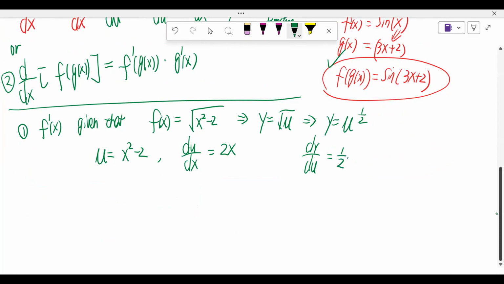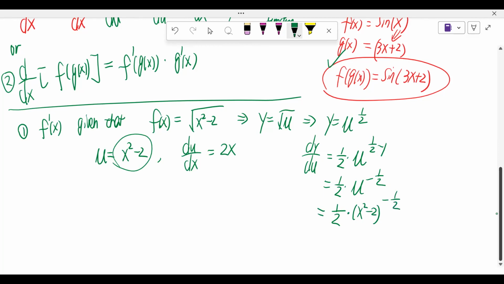Half goes in the front, reduce the power by one, so this is half times u to negative half. We know u is x squared minus 2, so this becomes half times x squared minus 2 raised to negative half.